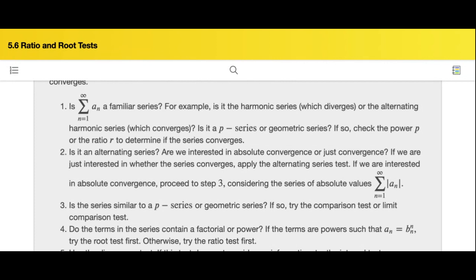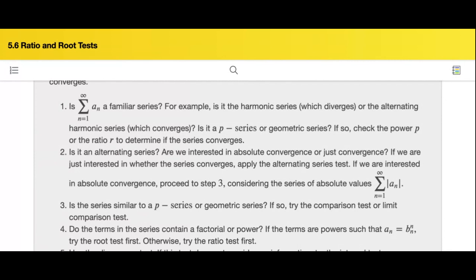Then P series. We have used 1 over n squared many times. If I give you, let's say, a smaller series, like 1 over n squared plus 1, you know by intuition that it converges as well because it's smaller. But then how would you show it?